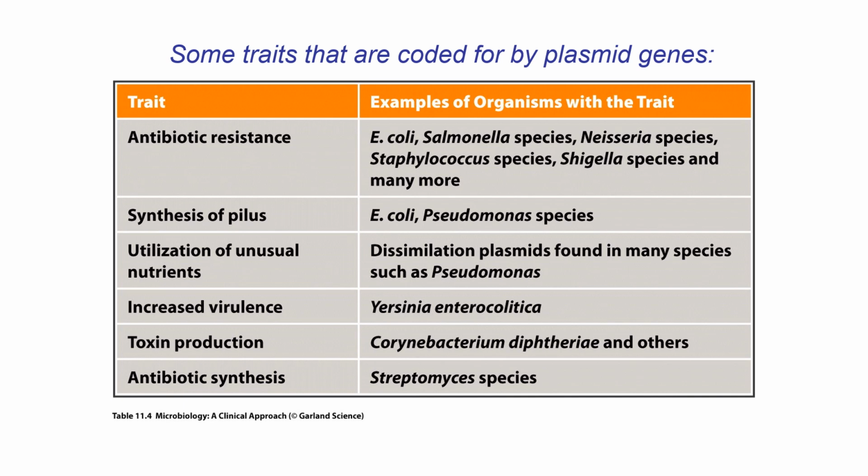Or in some cases, there might be genes that will allow the bacterium to break down nutrients that it wouldn't normally be able to do. And again, the big deal here is that these genes that are found on plasmids can be transferred fairly easily to other cells, and then those other cells are going to derive these new characteristics.